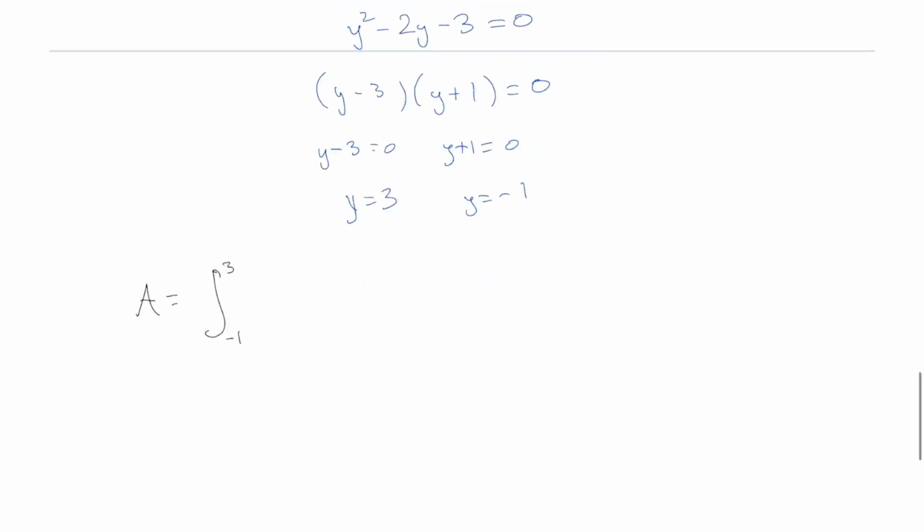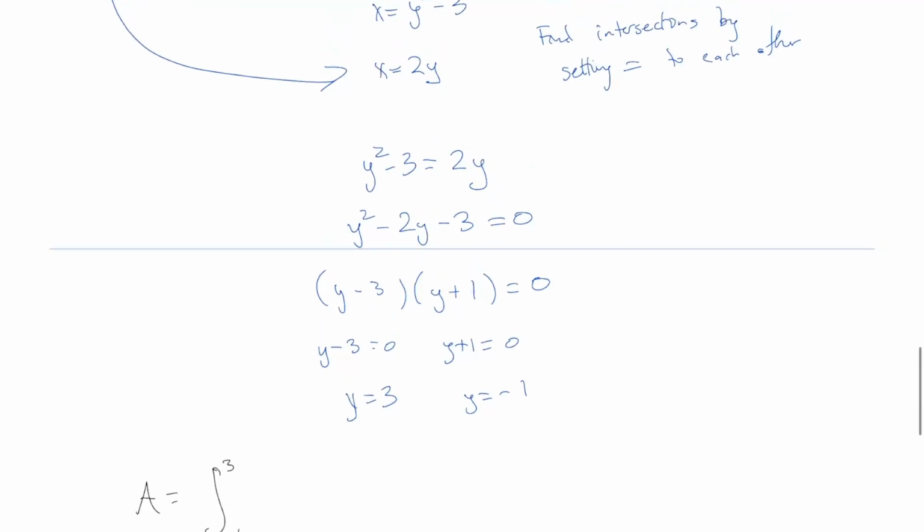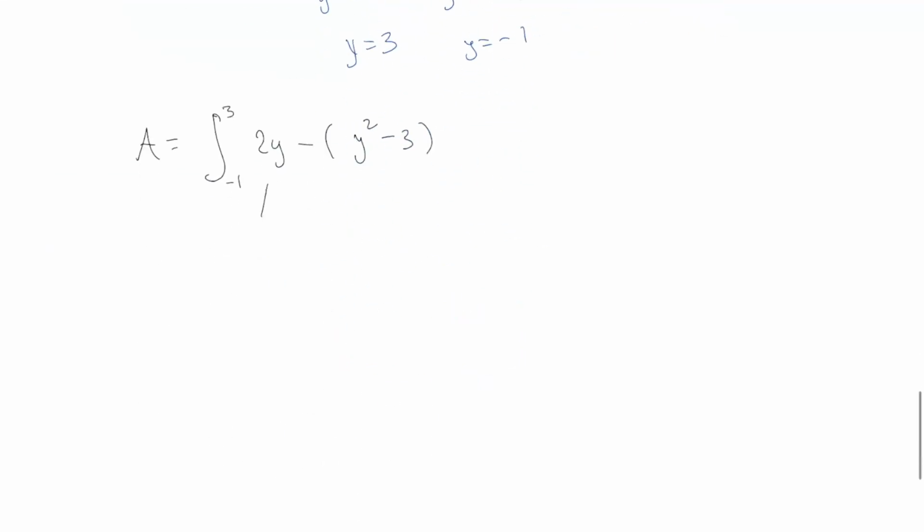So I go bigger minus the smaller. The line was 2y, minus the smaller, which was the parabola. This is bigger, this is smaller. By bigger, in this context, we mean further to the right, and smaller means further to the left.